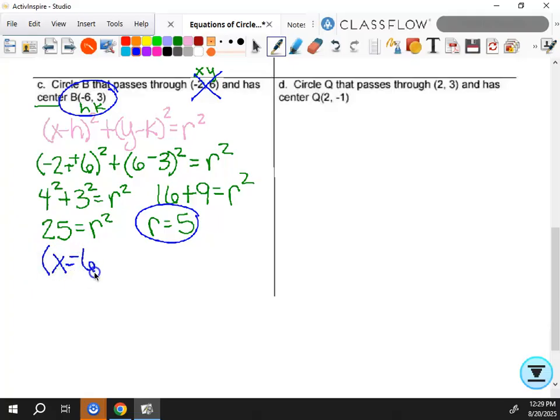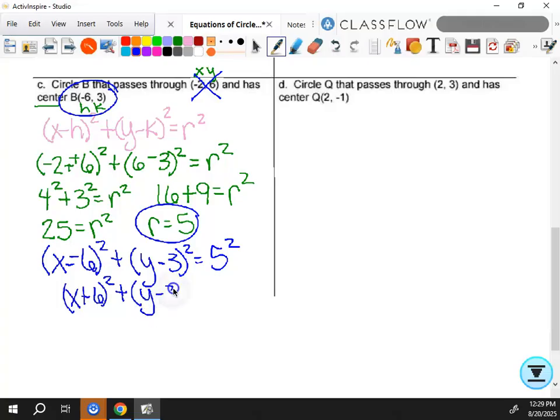x minus a -6 squared plus y minus 3 squared equals 5 squared. This is going to give me (x plus 6) squared plus (y minus 3) squared equals 25.